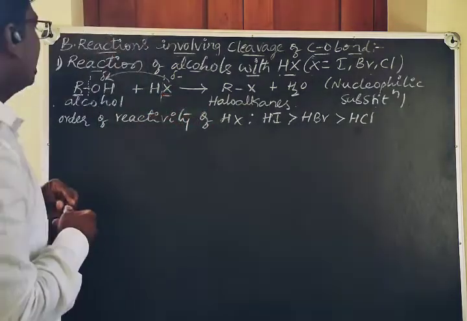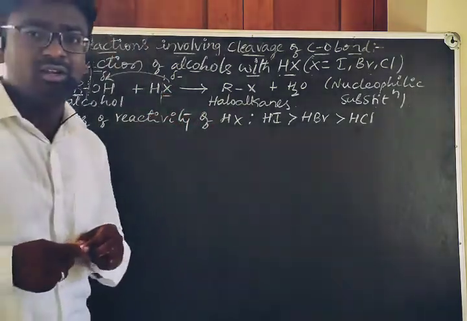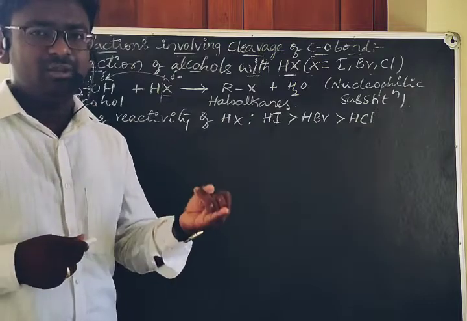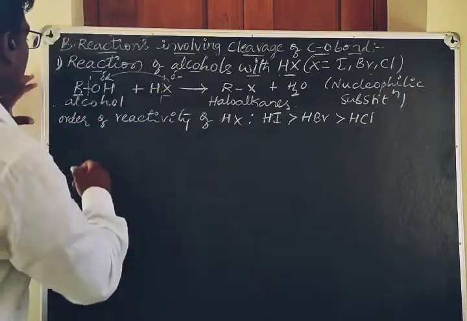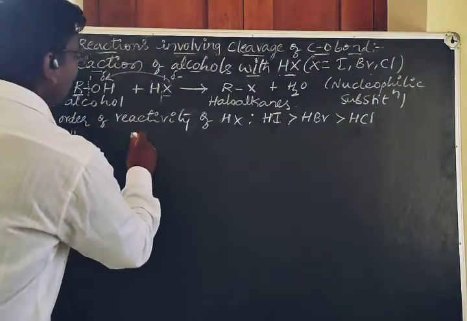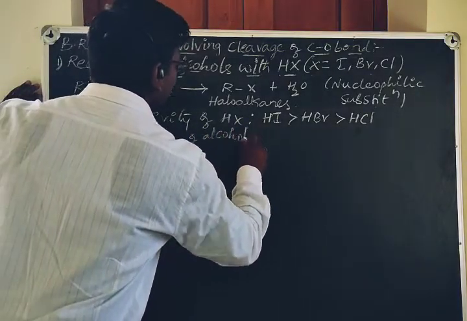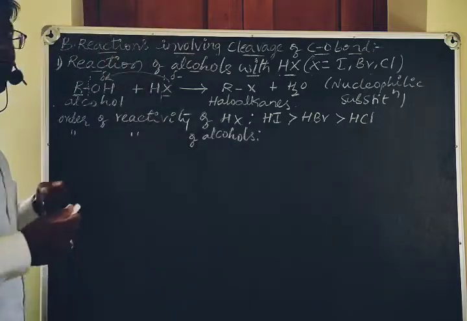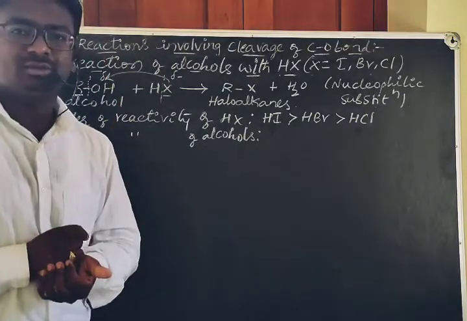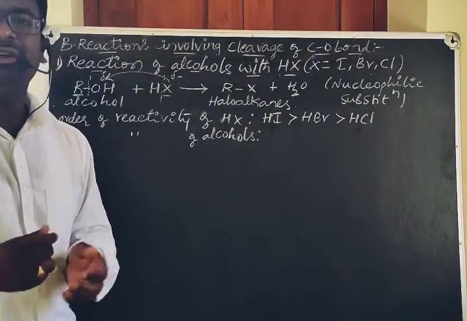Similarly, we have types of alcohols that you know as primary, secondary and tertiary alcohols. We shall take the order of reactivity of alcohols. Which type of alcohol readily undergoes this substitution reaction?